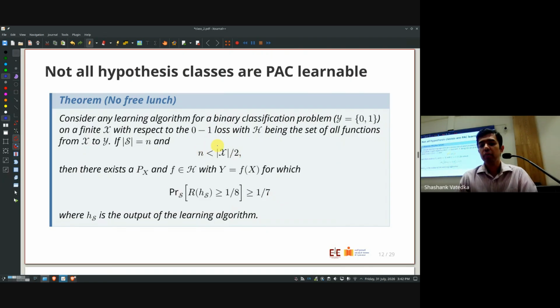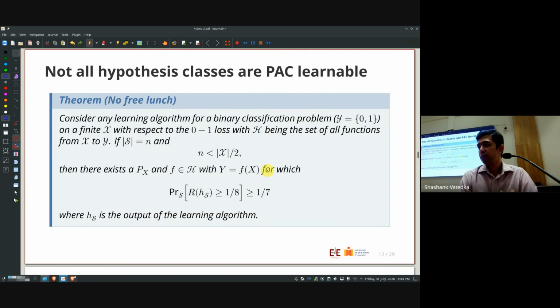So if you have not enough samples, if the number of samples is less than cardinality of x by 2, then there is some distribution and some concept or some ground truth such that the generalization error achieved by the best possible predictor, which takes n samples as input, is greater than 1 by 8 with probability at least 1 by 7.